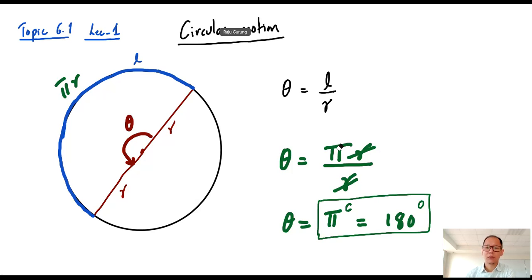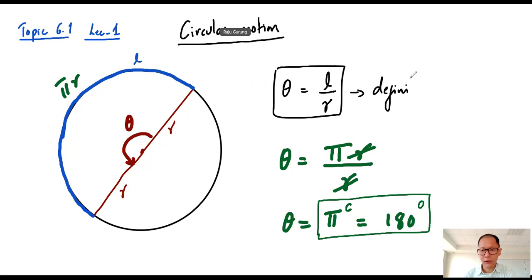So let's look into it more. Let me just recall a little bit. This is the definition of the radian. That's very, very important. The angle is defined in such a way that you take the ratio of two lengths.